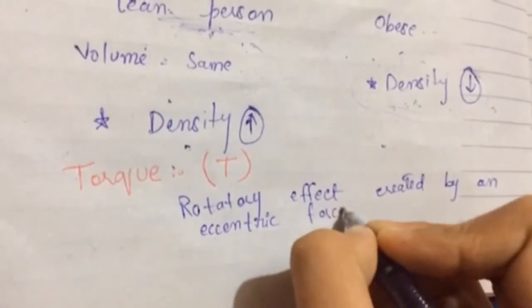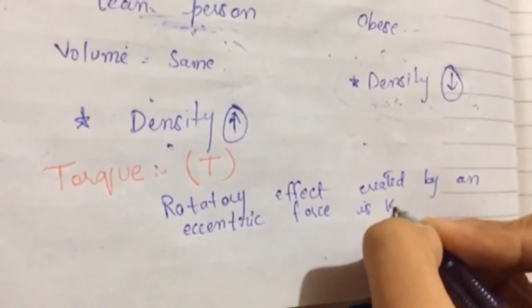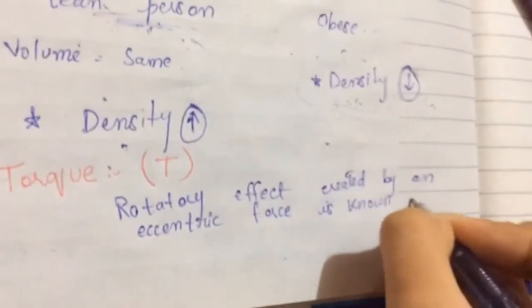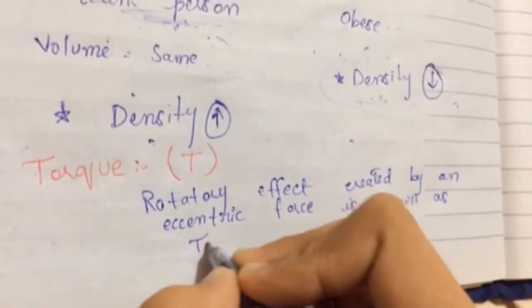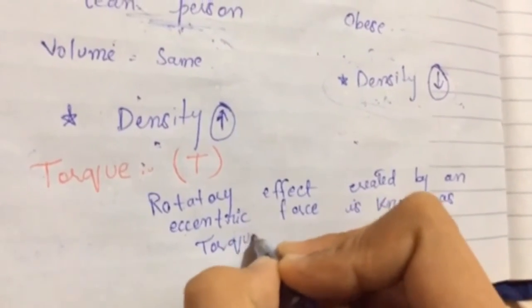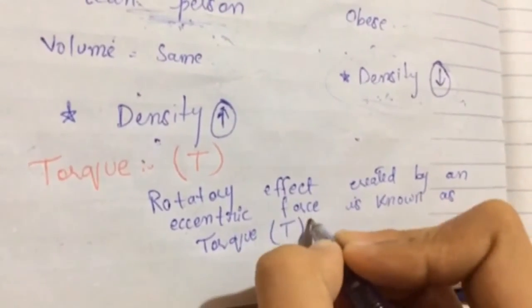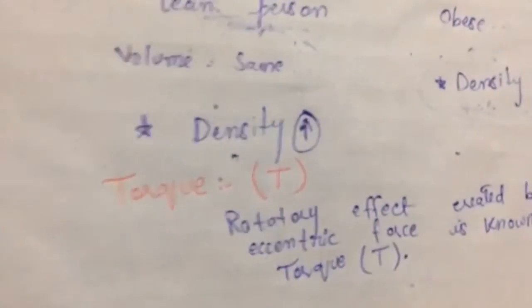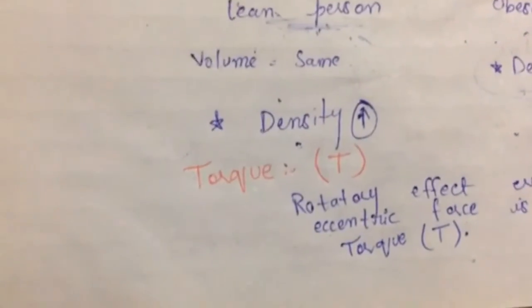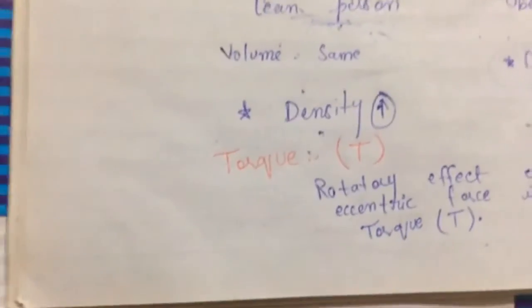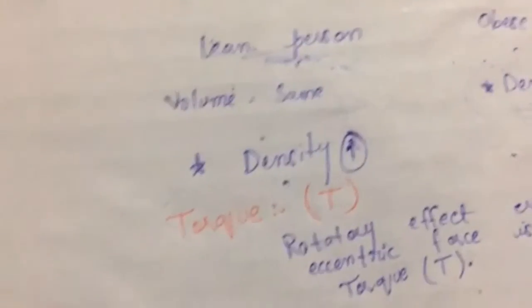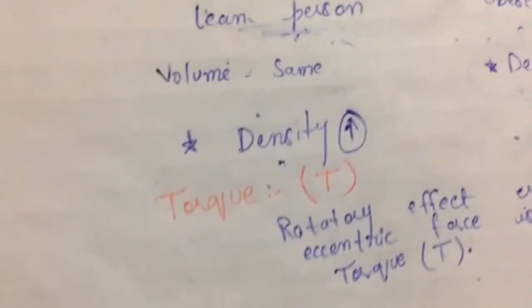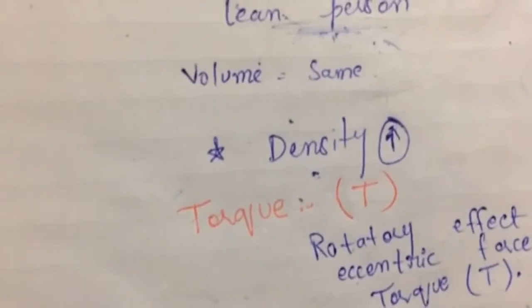This is the definition in a very simple way. Torque is also called moment of force. Torque, which may be thought of as a rotatory force, is the angular equivalent of linear force.